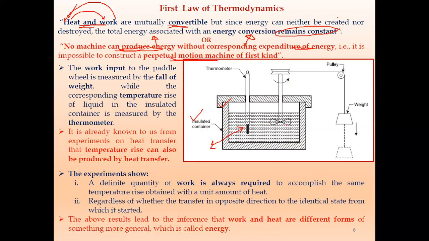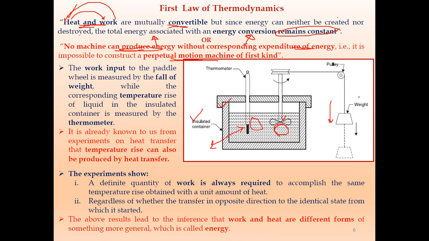Then there is another unit having a fan. The work done is supplied to the system. By putting weight on this pulley system, there is a rotation of the fan and that will stir the water.